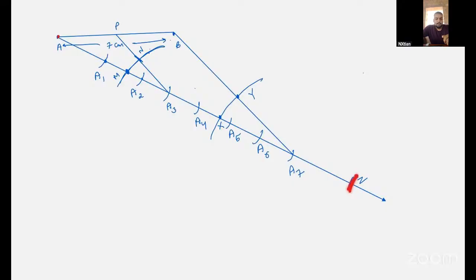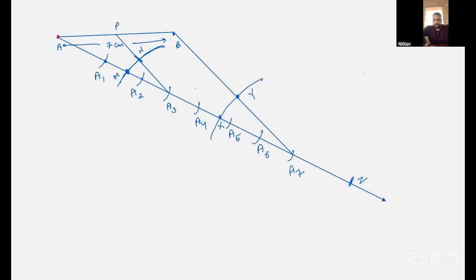Got my point? AZ now, or only Z, sir? From A we are making it, no? So this ray name we took as AZ.